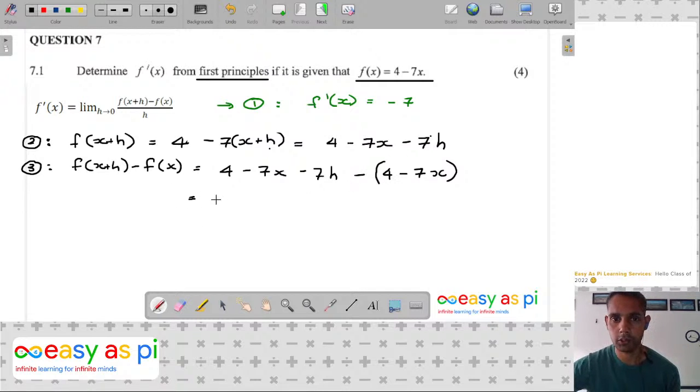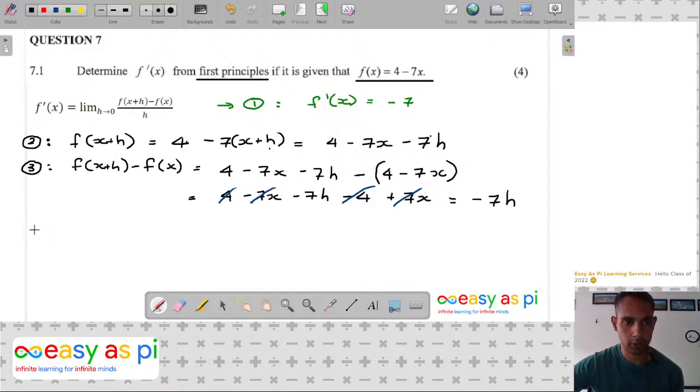If I do the distributive law, I get 4 minus 7x minus 7h minus 4 plus 7x. Now you'll notice I can do a little bit of cross cancelling here, because 4 minus 4 cancels out to 0, and then minus 7x and plus 7x cancels out to 0. And what am I left with? I'm left with minus 7h.